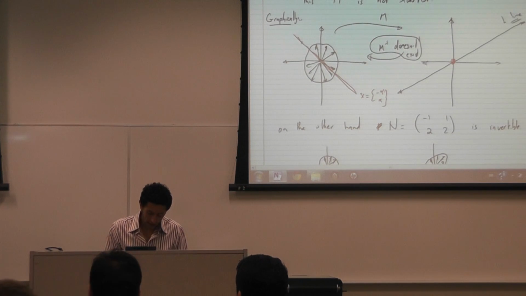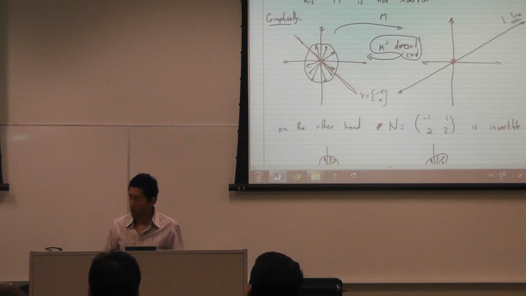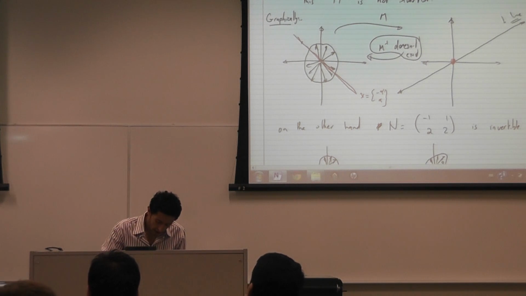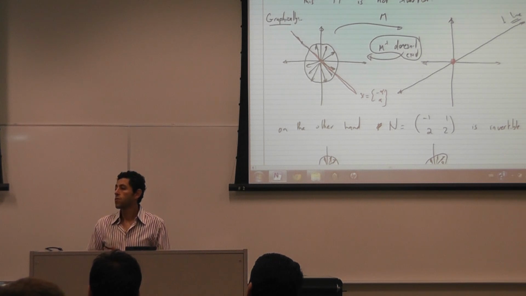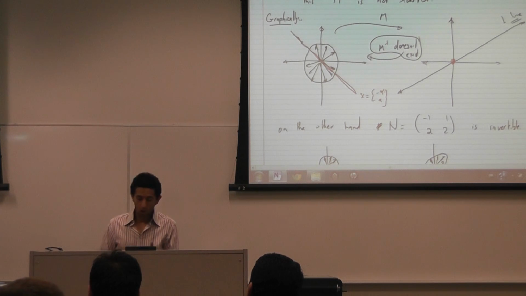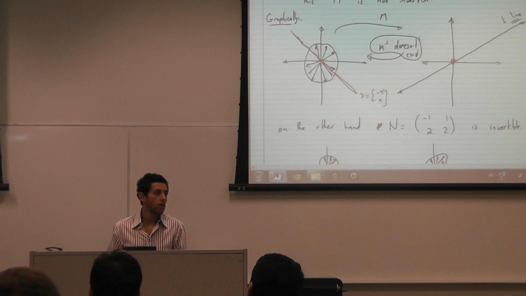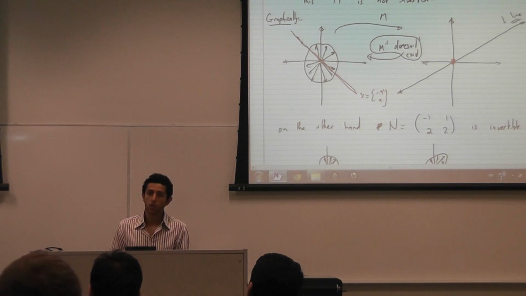Whenever one vector is in the kernel, any multiple of that vector will also be in the kernel. And that means that this kernel forms a subspace inside the original space.